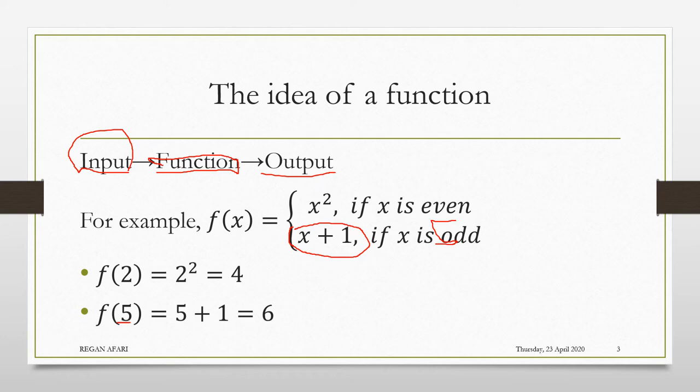So 5 plus 1 gives us an output of 6. Whenever you see a function which is 2 in 1, look at the definition. It says x if it is even, so you use this part. And the second part, we use it when the input you have is odd.